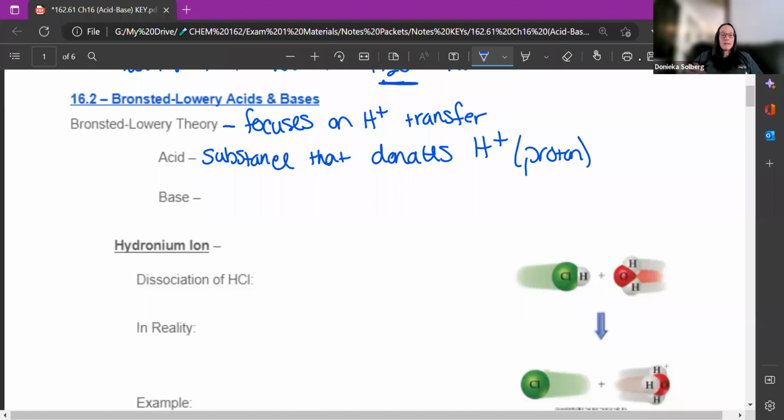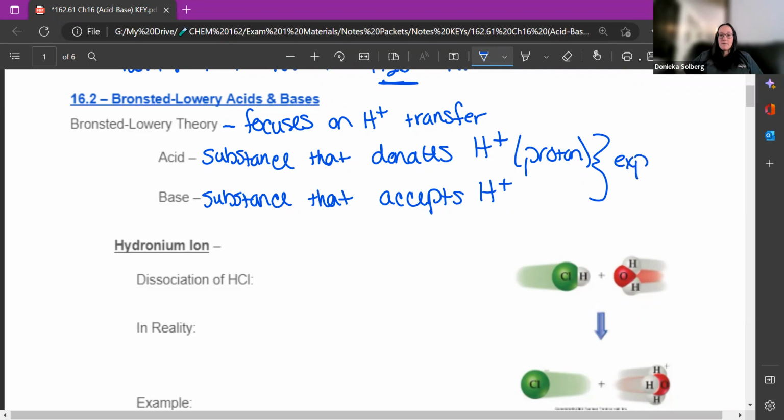OH minus is a base, but we're going to expand that definition to a substance that accepts that H plus proton. OH minus is a really good base because H plus connects to the OH minus and you end up with water. So this is our more expanded definition.